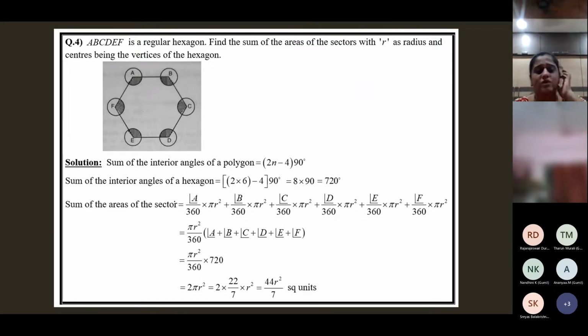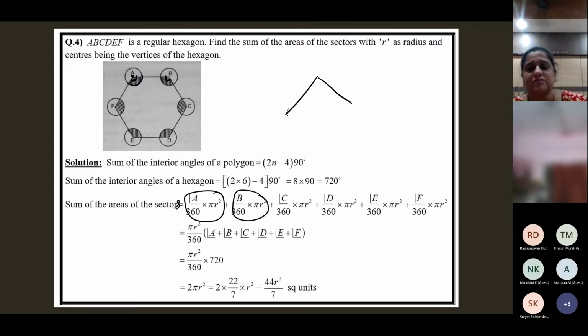Now, the sum of the areas of all the 6 sectors is equal to this. This is the area of one sector with angle A as a central angle. This is the area of the other sector with angle B as a central angle. See, every sector has a center, right? This is a center and this is the central angle, nothing but angle A. The central angle is nothing but angle B. See the sector, theta is this angle, theta by 360.